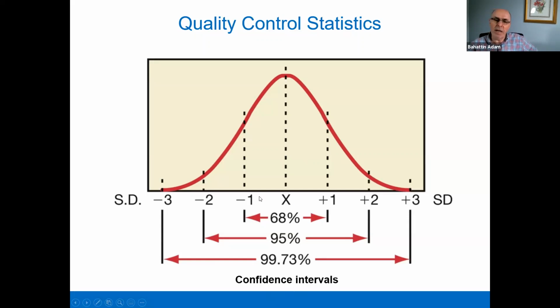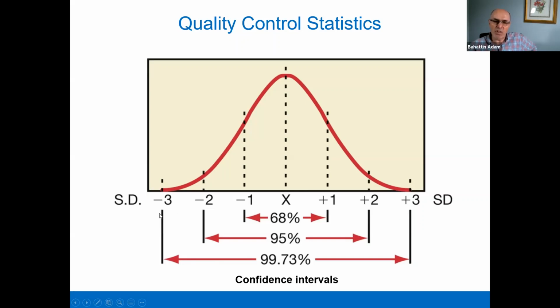Okay, the other results out of this range won't be accepted. Okay, if you accept two standard deviations above and below the median value, your confidence interval will be 95%.